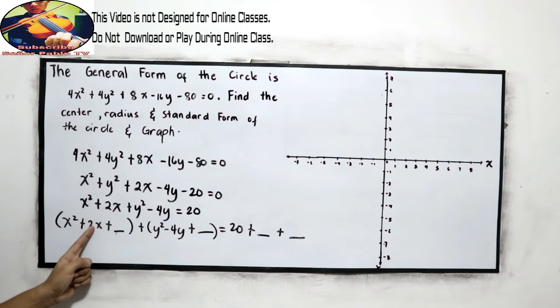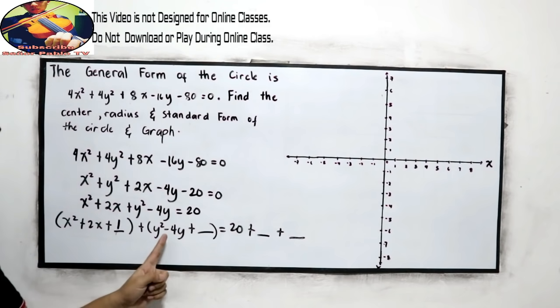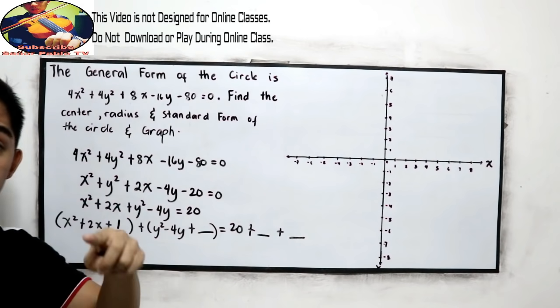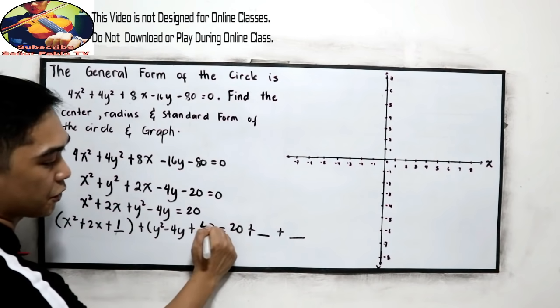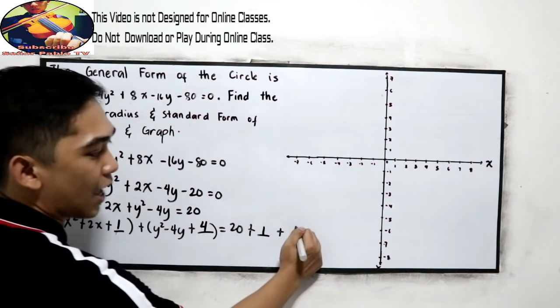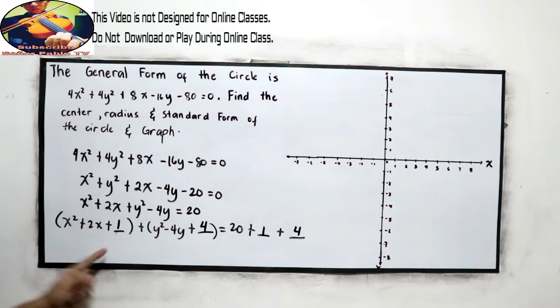So middle term is 2, so 2 divided by 2, that is 1. 1 squared, positive 1. Next, negative 4 divided by 2, that is 2. 2 squared, positive 4. We added 1, so add 1. Adding 4, add 4. Now, write it into square of a binomial.